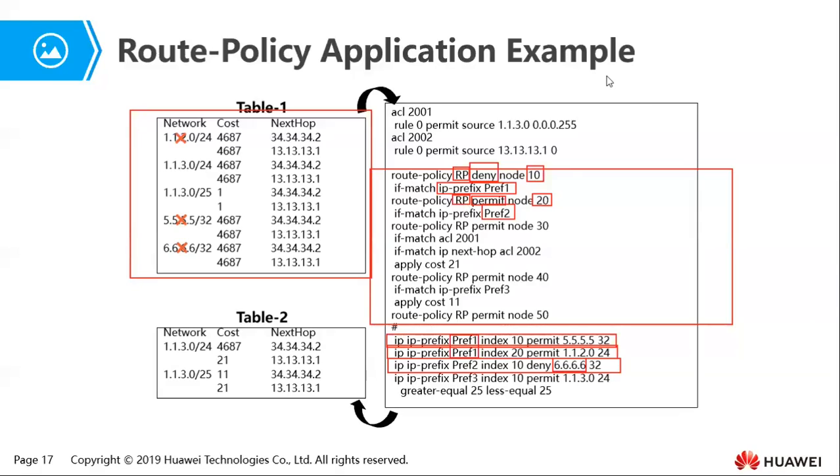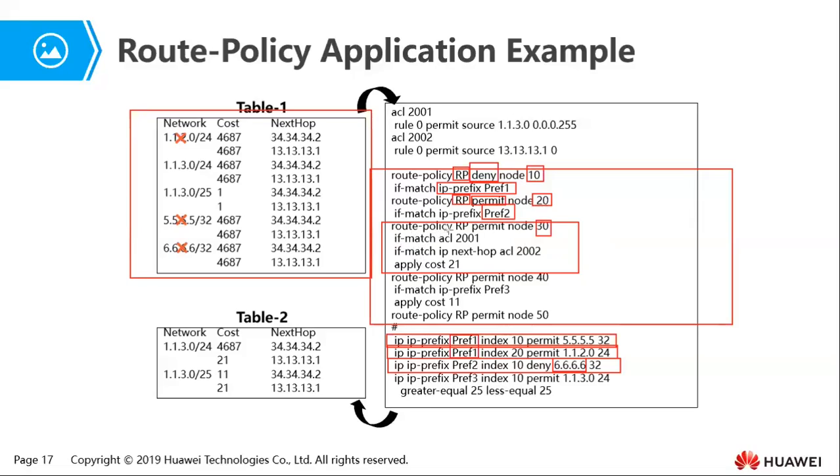Okay, let's move on to the next route policy. It has more than one if-match. So route policy RP permit node 30. That's the index. Then we have two if-match.